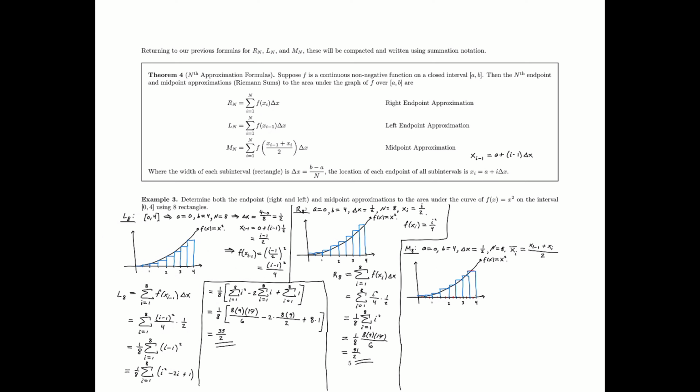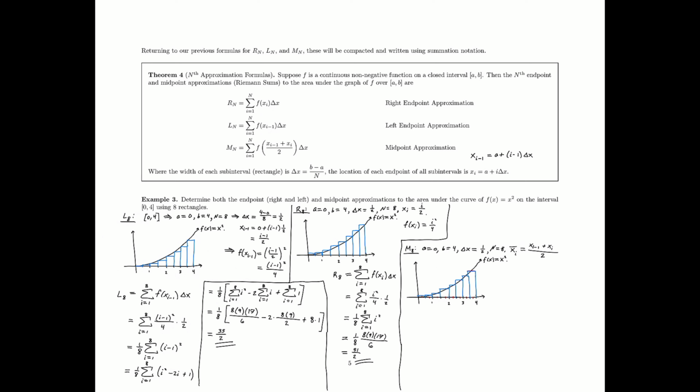Now, if our function that we're trying to approximate the area under the curve, in this case x squared, is a monotone function, which it is, x squared is monotone, it is increasing on this interval 0 to 4, then this means that the midpoint will provide a better, more accurate result than the left endpoint or the right endpoint approximations. This is going to be somewhere in between.